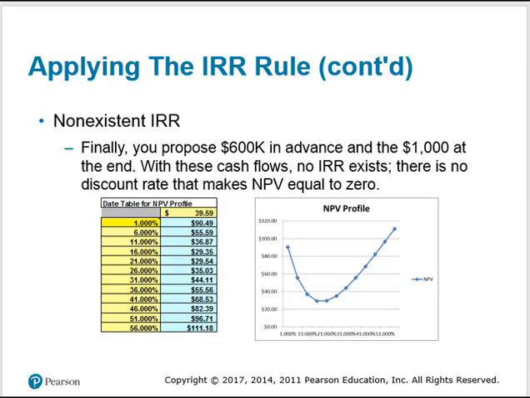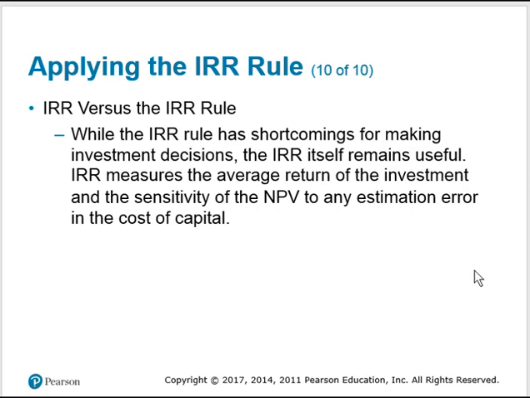In addition, it's possible that it could give us no answer. Again, if we got $600,000 in advance, then there would be no internal rate of return that we could find for this example, right? So there's no answer to the question. And I think the overall rule here, the overall purpose of this discussion is just to realize that the internal rate of return rule has some shortcomings. It's very popular.